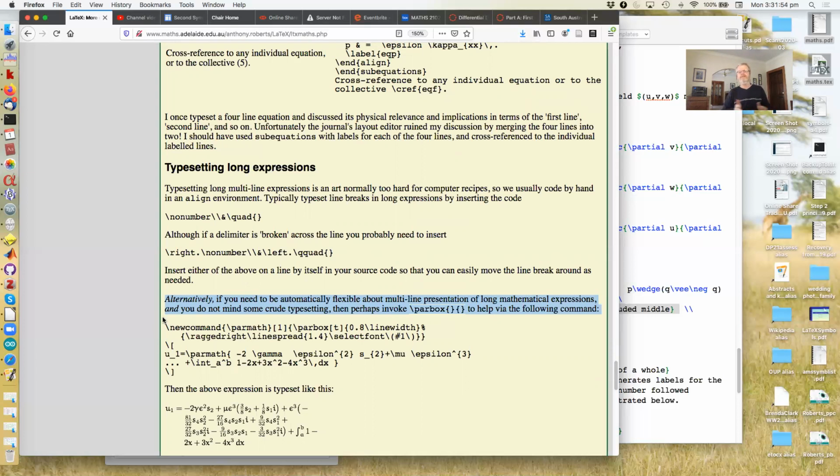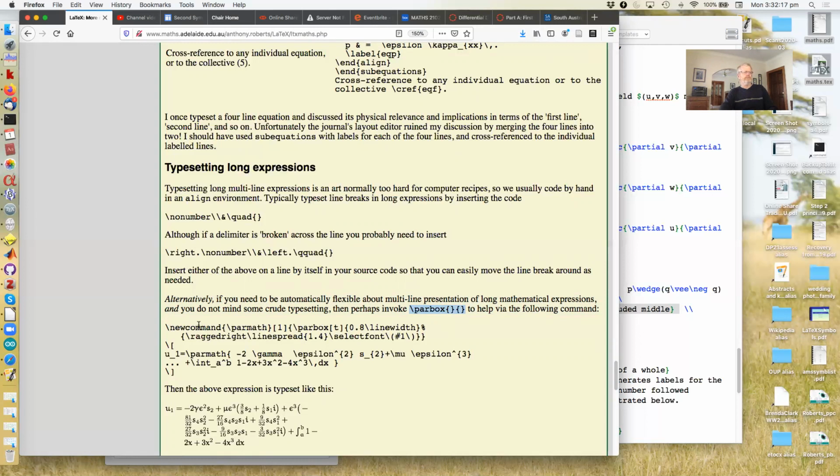Now, the thing is, I've got no idea how big those expressions are going to be, how many lines they're going to take. I don't know what sort of format, where good line breaks are going to be. So I need LaTeX to automatically put in line breaks. So that's why I use this trick of using a Parbox.